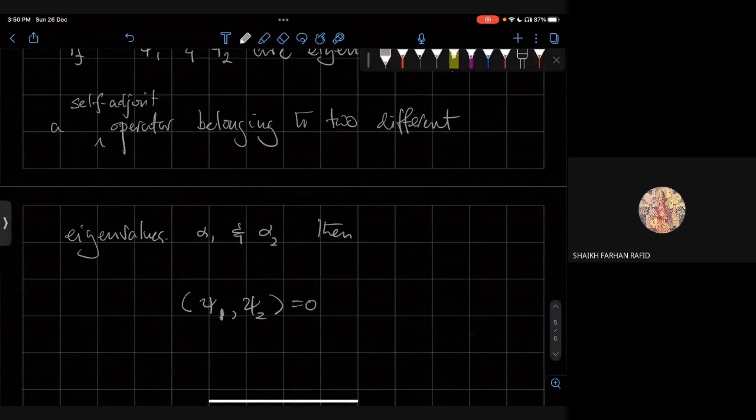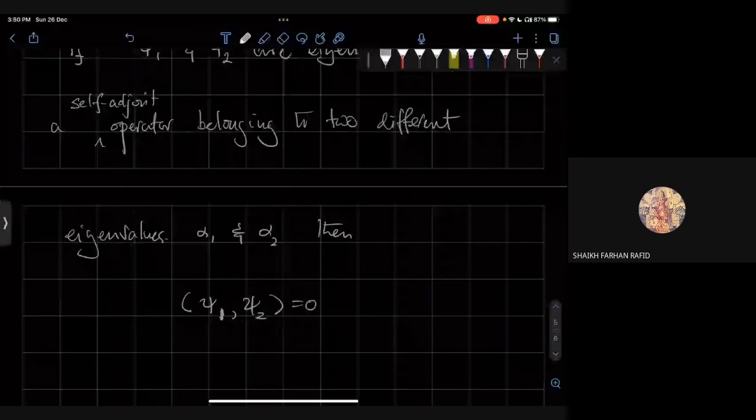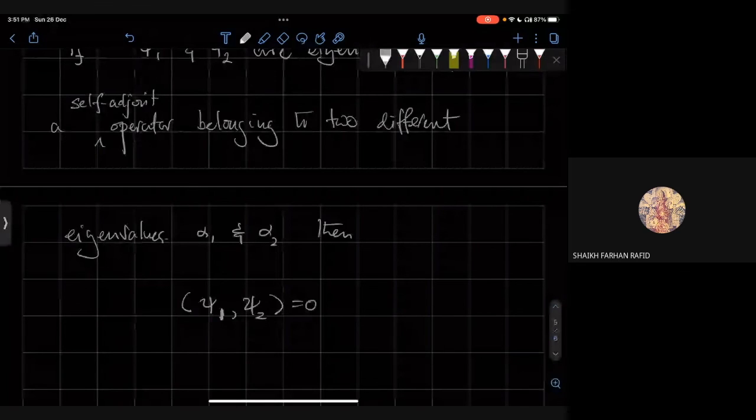So eigenstates belonging to two different eigenvalues are orthogonal. There are some subtleties there which have to do with degeneracy, but I won't go into that in this course.